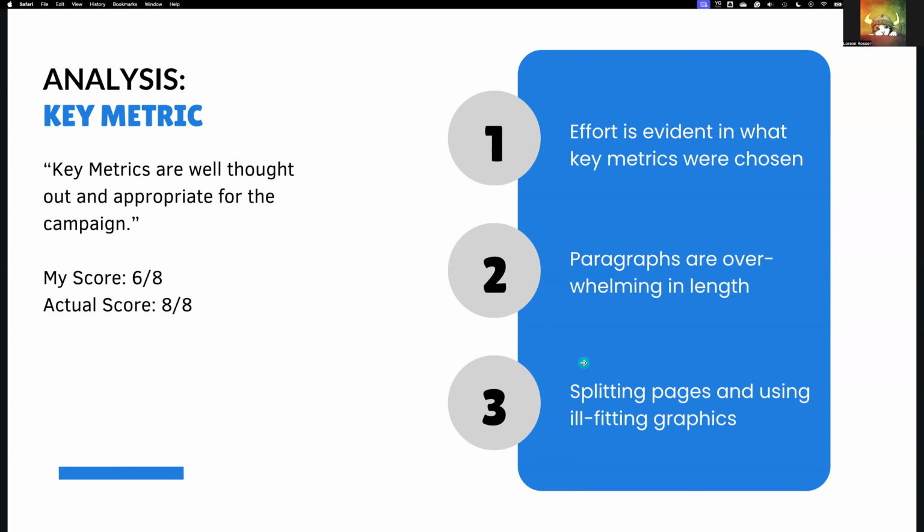Additionally, kind of tying back into that, splitting pages and using ill-fitting graphics just makes your paper look cheap and cheapens the usage for your judge. I think overall, the key metric formula, once I figured it out, definitely helped me. I haven't seen any other papers do it.